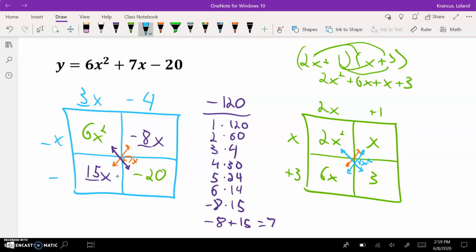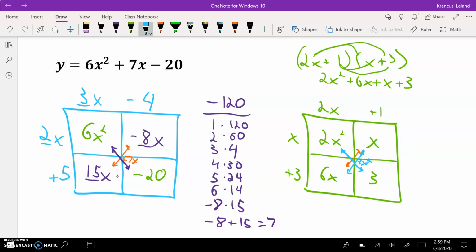So now we're factoring both rows. The greatest common factor between 6x squared and -8x is 2x. And the greatest common factor of -20 and 15 is 5. And remember, one had to be negative, one has to be positive. This is the positive one. And if you forget that part and you have the signs the wrong way and it doesn't quite work, you can always just switch the signs later.